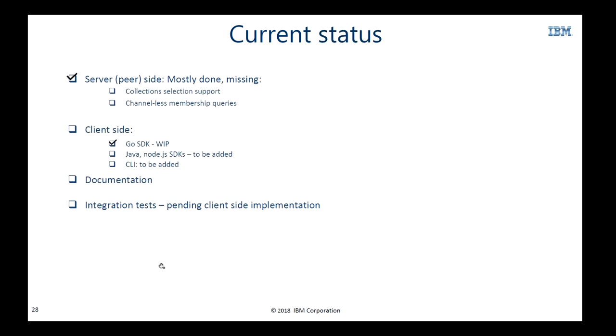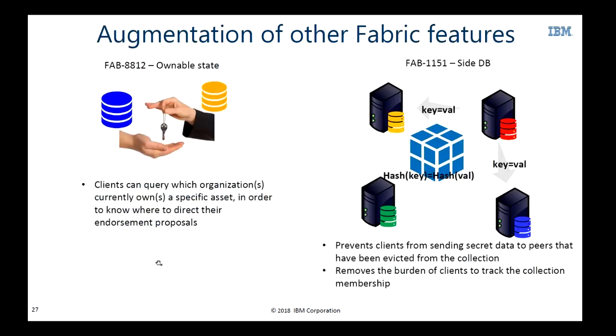Yacov, sorry if I interrupt. Just a clarification on this slide: the name ownable state will change to better reflect the functionality, because it does not necessarily represent the ownership of the asset, but is more about the endorsement. It might be that the owner of this state is Alice, but she needs the endorsement of multiple peers.